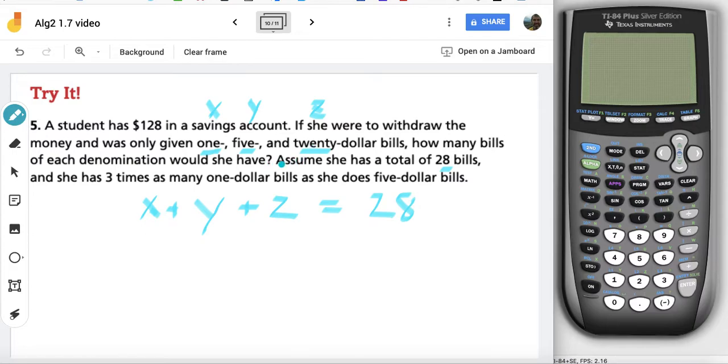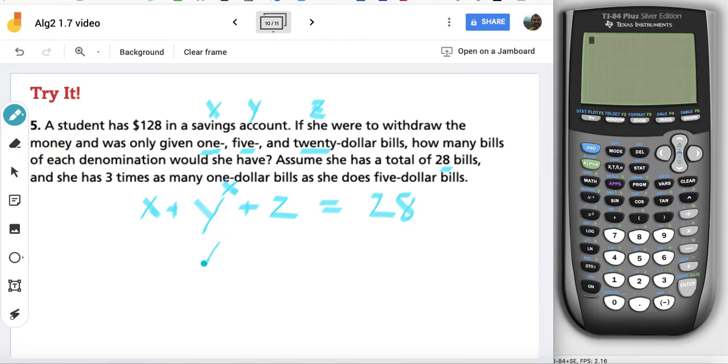All right, what else do they tell me? Assume she has a total of 28 bills. She has 3 times as many $1 bills as she does $5 bills. Oh boy. 3 times, so the $1 bills is X, and the $5 bills is Y. She has 3 times as many 1s as 5s. So she has more 1s.